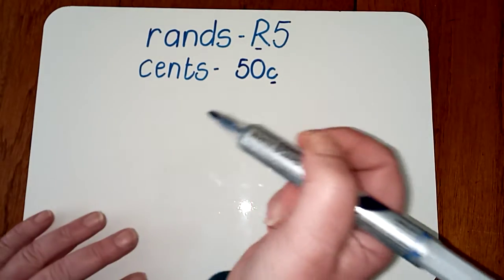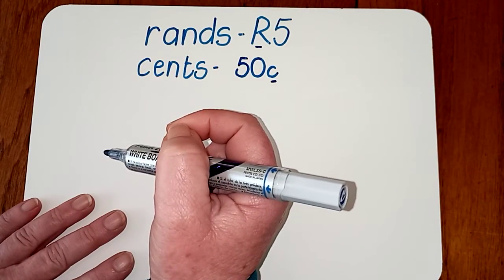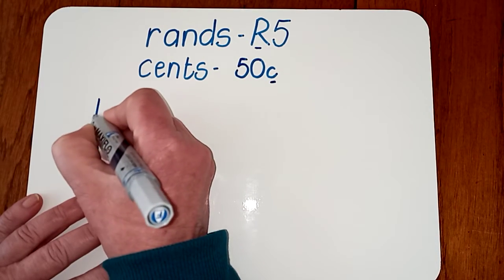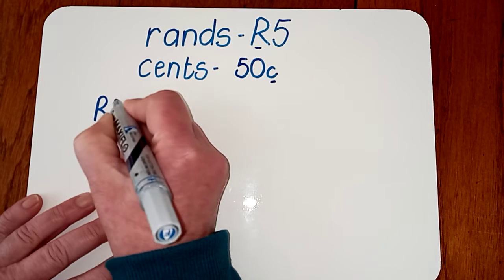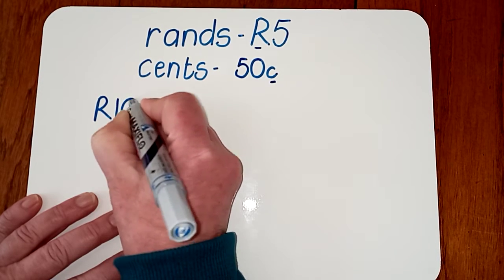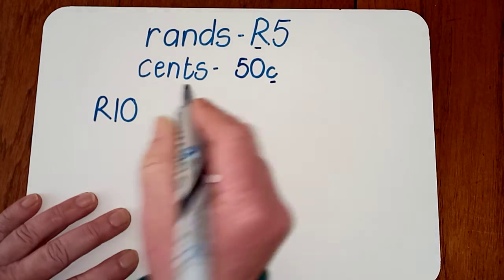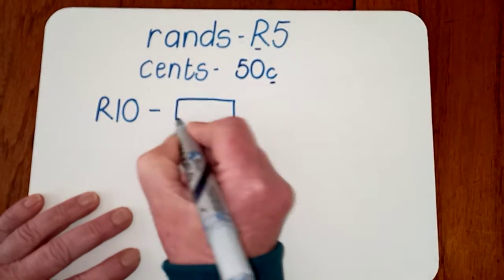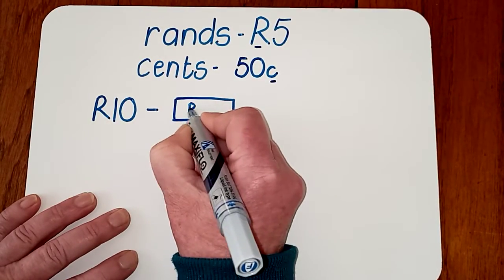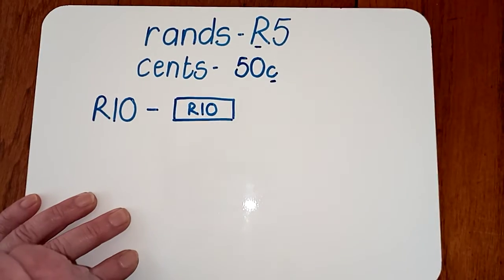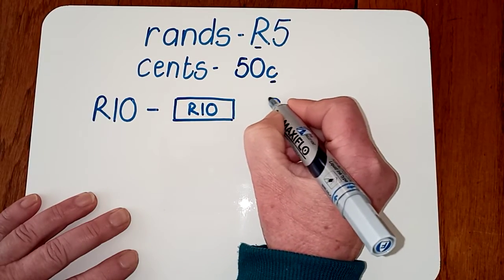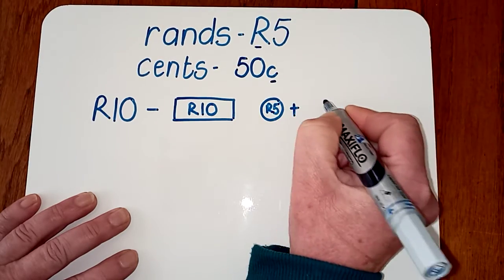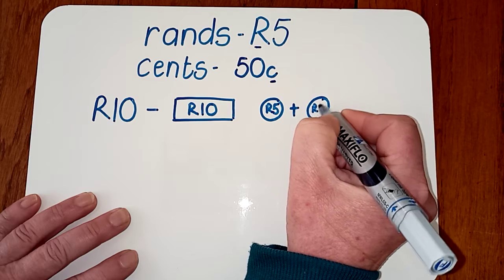So if you are paying 10 rand for something, then let's say something is 10 rand. Right? Now, you can either have a 10 rand note, or you can have 2 5 rand coins, because 5 and 5 make 10.